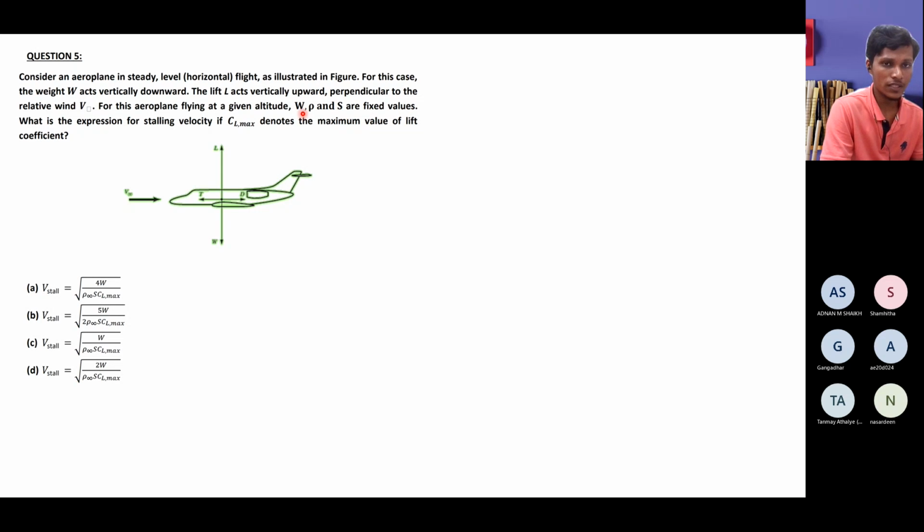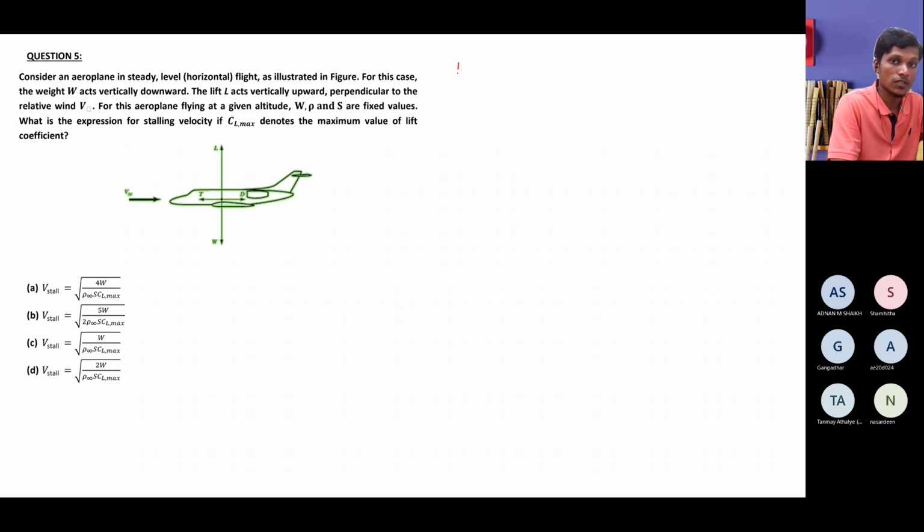So weight we can take as approximately constant, and rho and S. What is the expression for stalling velocity if CL max denotes the maximum value of the lift coefficient? It's a very interesting question, to see how to use this CL max to find out the minimum velocity that a flight requires.